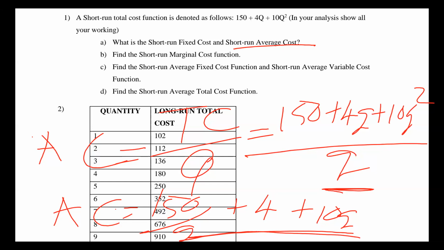That is what we said last time. So you're just dividing the total cost by the output. That gives you the average cost. And so this is how you find the average costs. Is that clear now? It is now.